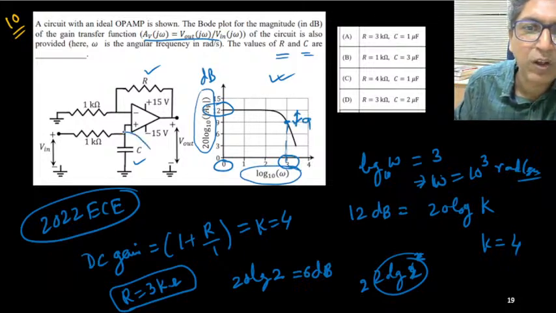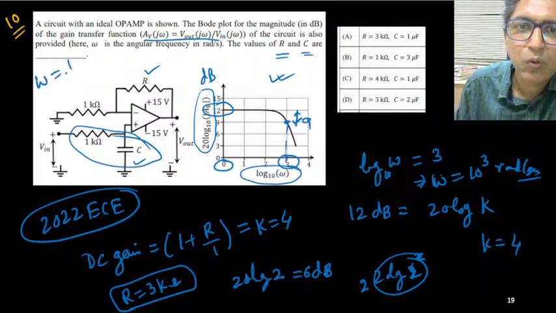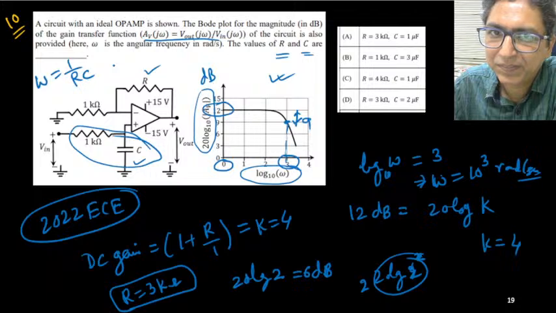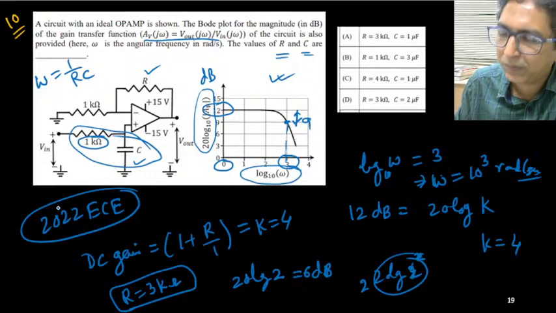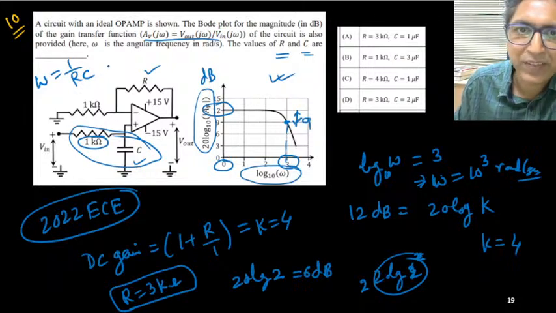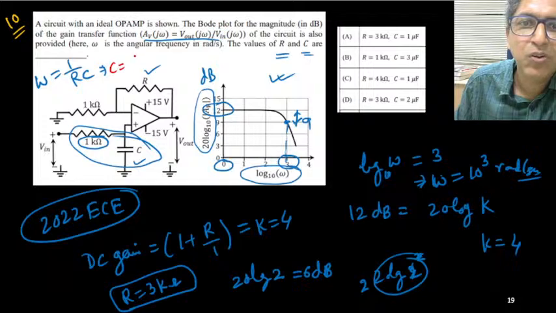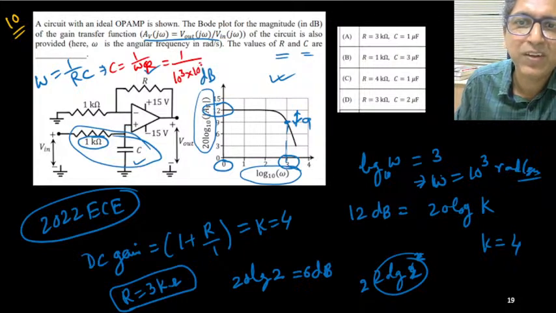Okay, so from this graph we can identify that cutoff frequency is 10 to the power 3 radian per second. And that depends solely on this network. Omega equals 1 by RC. Is it okay? And R is this 1 kilo ohm only. So what is C? Then C you can easily calculate. C equals 1 upon omega R. If you replace everything, omega is 10 to the power 3 and R equals 1K, 10 to the power 3, so 10 to the power 6 means 10 to the power minus 6 here.